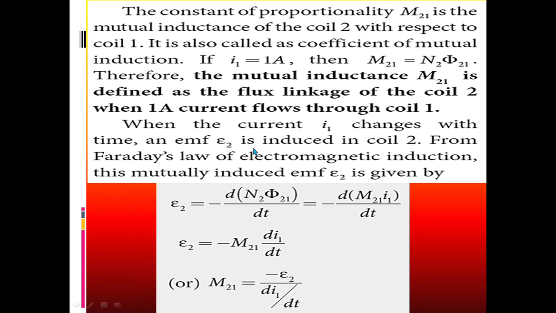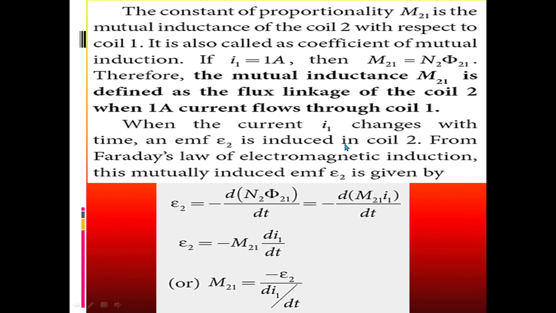When the current I1 changes, that means the current passing through coil 1 changes with time, an EMF epsilon 2 is induced in the second coil, that means coil number 2.